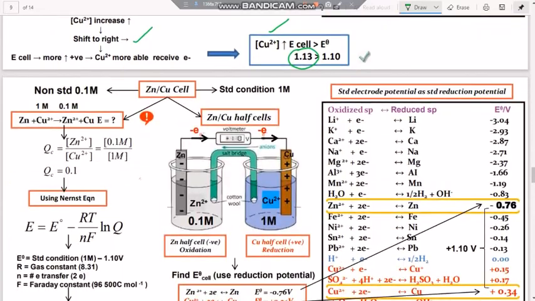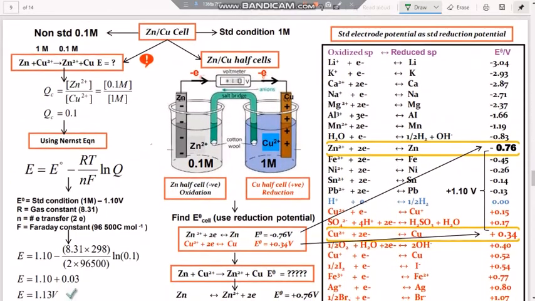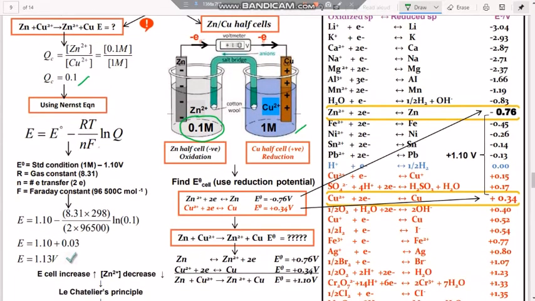Another observation: let us see how the EMF changes when the zinc concentration is reduced and the copper concentration remains 1 molarity as per the standard states. In this condition, once QC is calculated, when the anode zinc solution concentration is reduced, we got a QC value of 0.1 and EMF is 1.15.